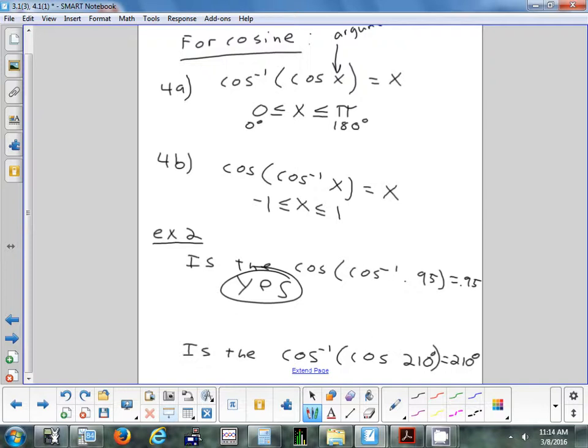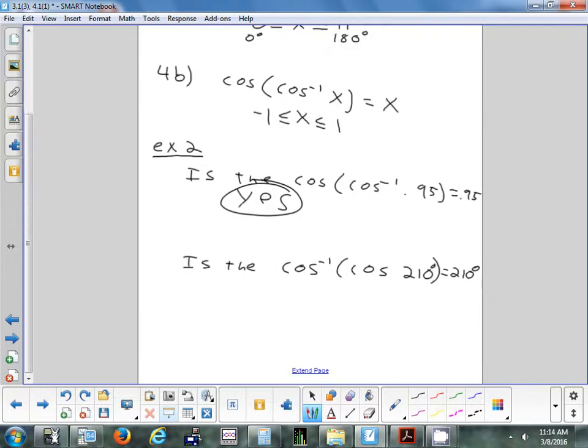The last one says, is the inverse cosine of the cosine of 210, would that equal 210? No. Why not? What's the highest you can go? 180. You can only go to 180 because this is formula 4a. This would not work. Any questions on the formulas for inverse cosine and cosine? The last two we'll look at are for tangent, and then that'll finish section 3.1.